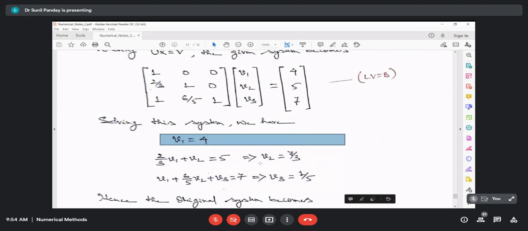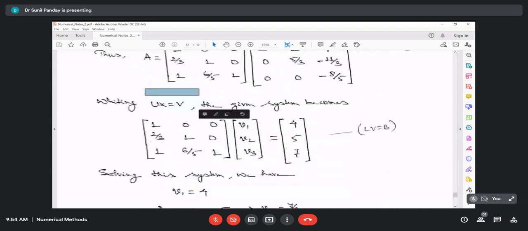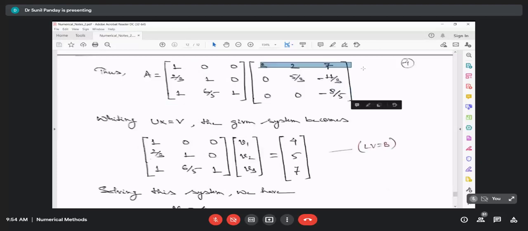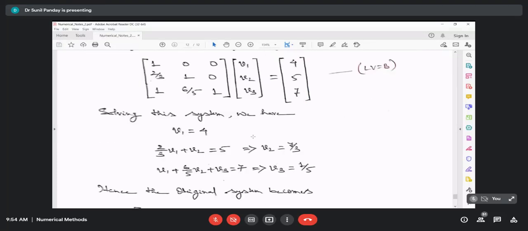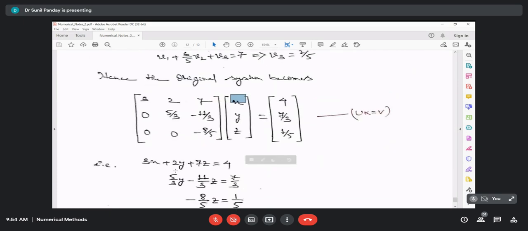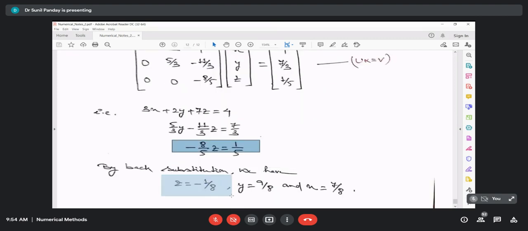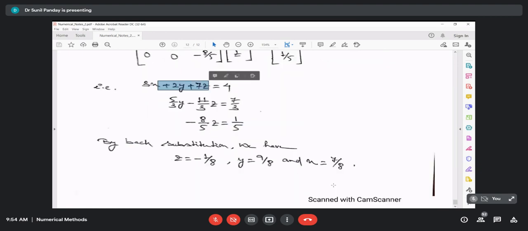Once you have v1, v2, v3, then you solve the system Ux equals v. So this is U, here x, and the v's are already obtained. From this matrix you can write the system of equations, and from here you can get z equals 1 by 8, and then by substitution you will get y and then x.